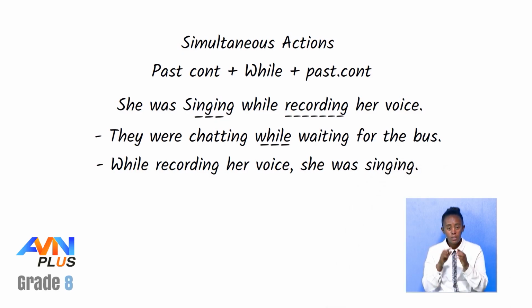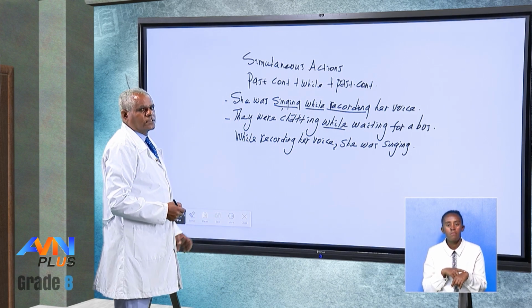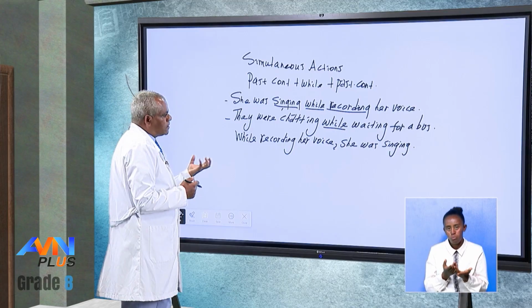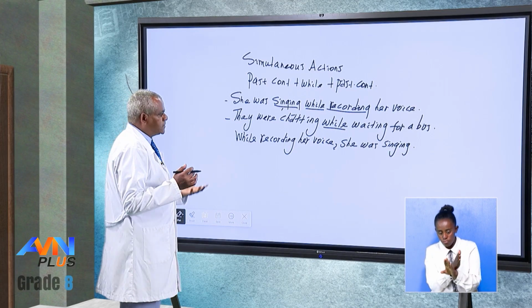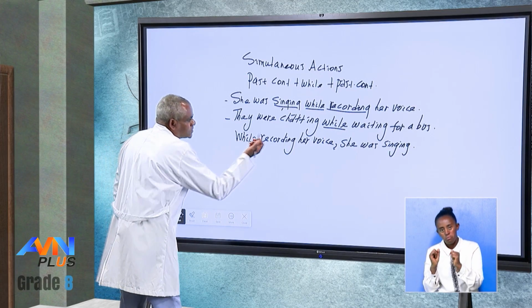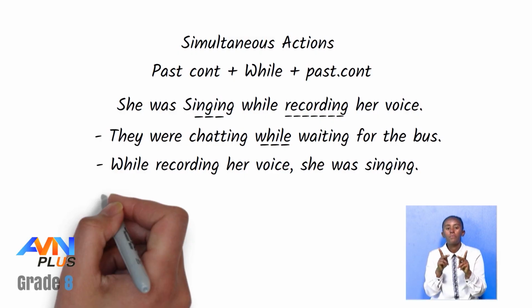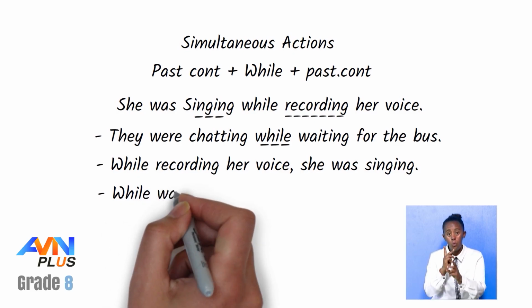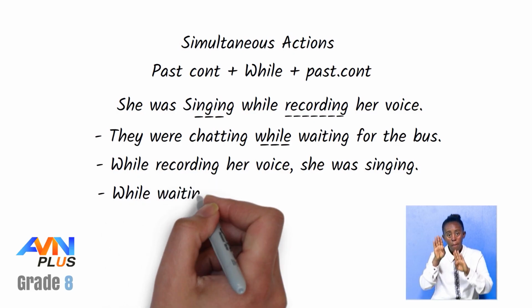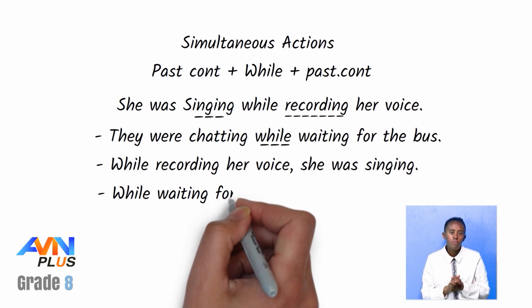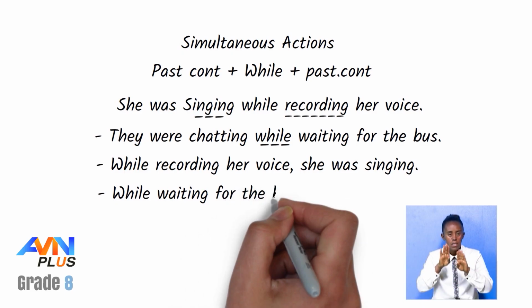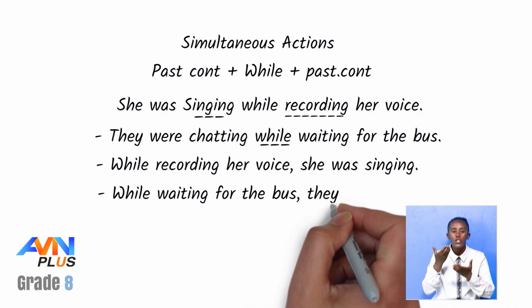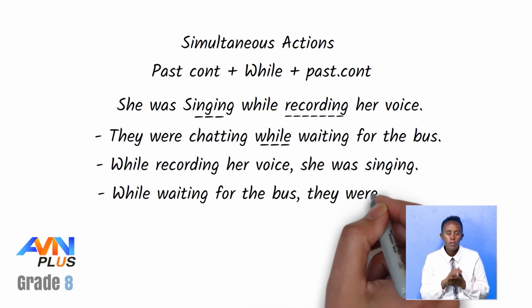This while structure does not always come in the middle position. You can bring it to the initial position, at the beginning, my students. The same is true: While waiting for a bus, comma, they were chatting.